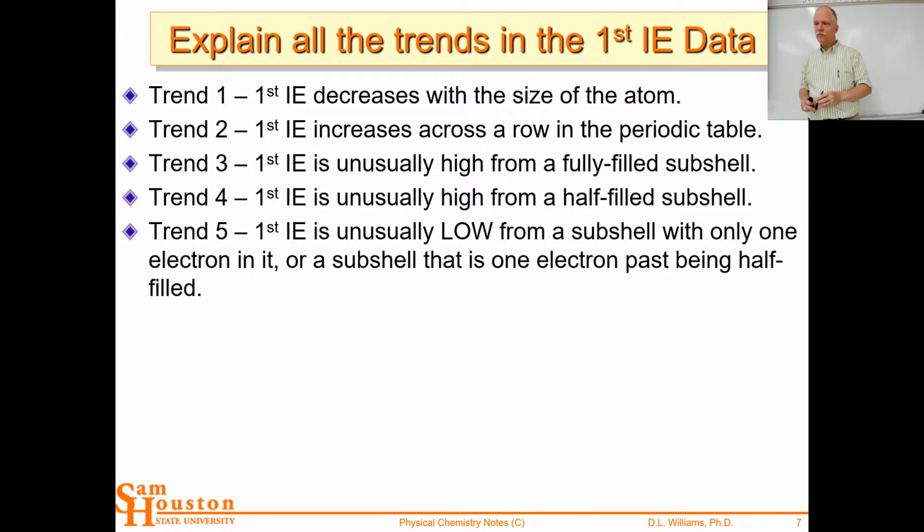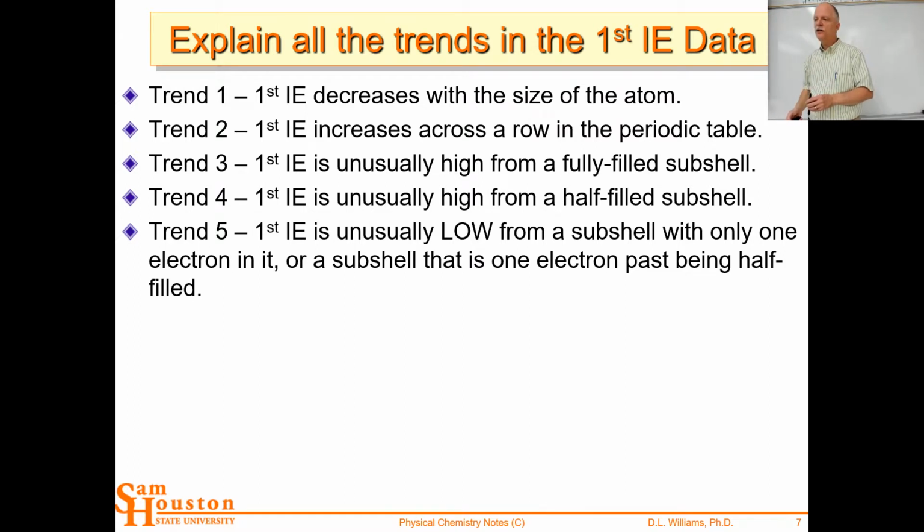So all of these are unusually low from a subshell with only one electron in it, that would be this S1 group, the D1 group, the P1 group. Those are unusually low because it's one electron past being half-filled or fully filled.